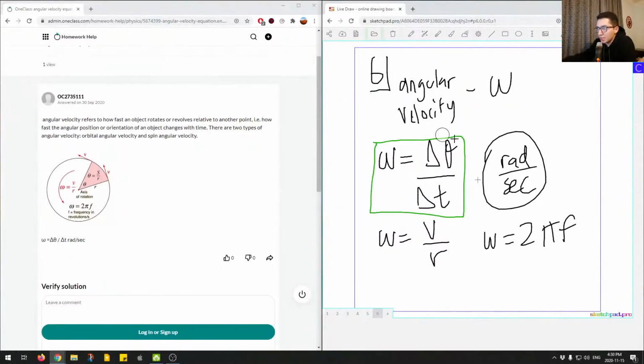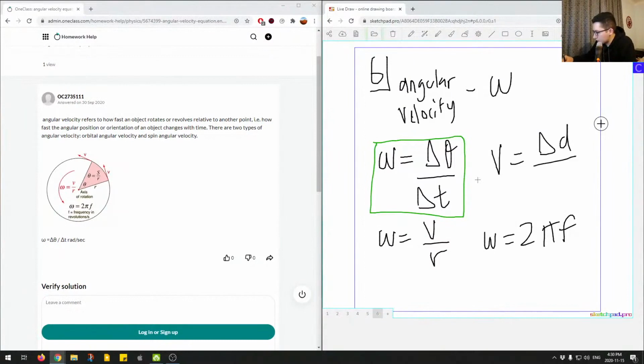So, change of the angle over some period of time. That's angular velocity, and that's similar to linear velocity. Linear velocity, which we usually represent by v, is equal to change in distance over change in time.